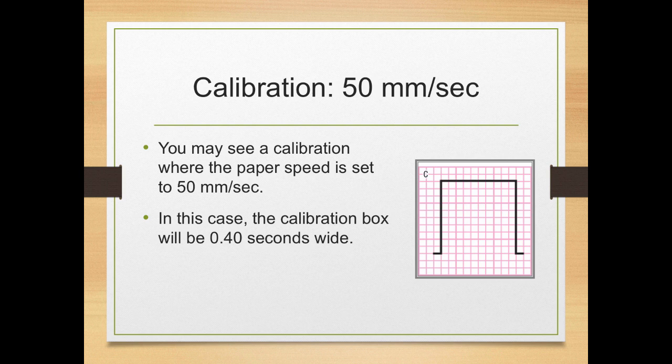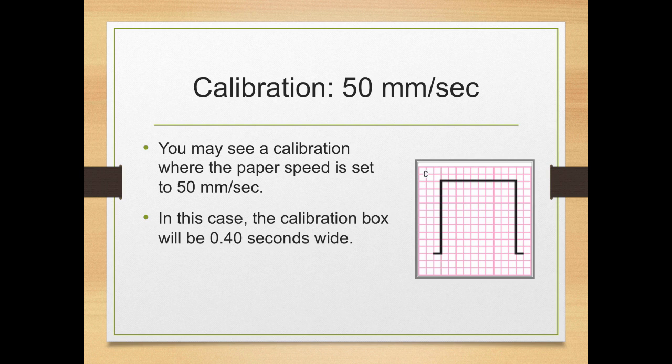If we print it out faster, that means the complexes are spaced further apart. So this patient's heart rate is really fast and we want to space it out. Heart rate is really fast, we print it out really fast, and we see the complexes spaced out a little bit further.